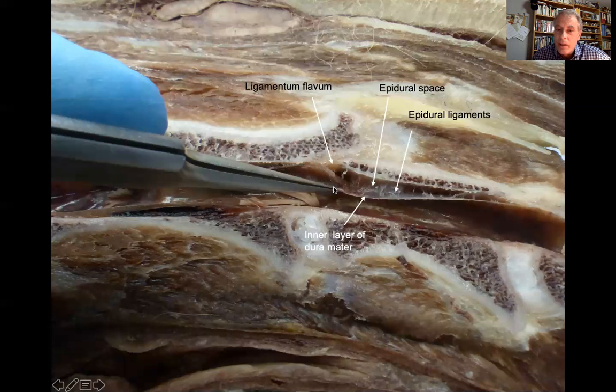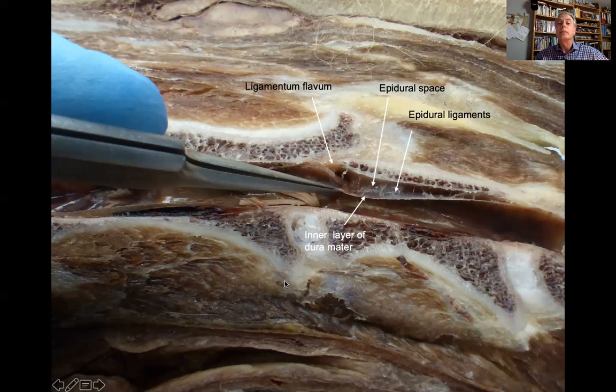Again, you see this is the inner layer and the outer layer, the periosteal layer, and all these attachments are the epidural ligaments. These are very, very important. And also this inner layer is also attached to the ligamenta flava here.